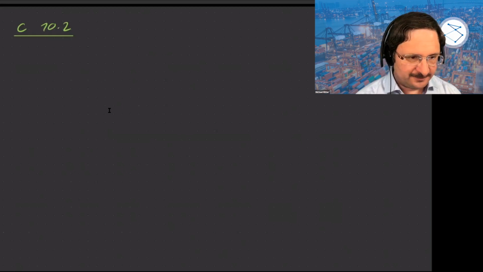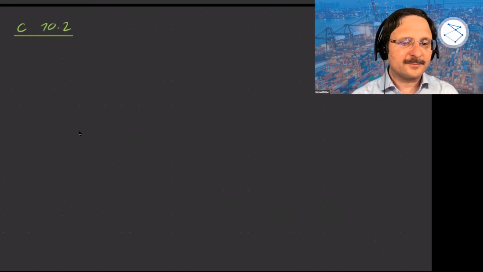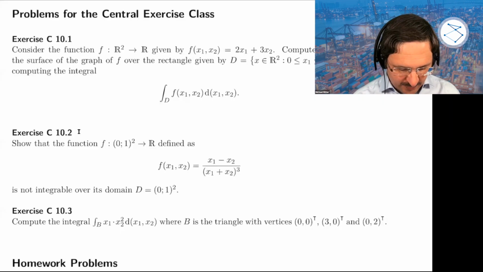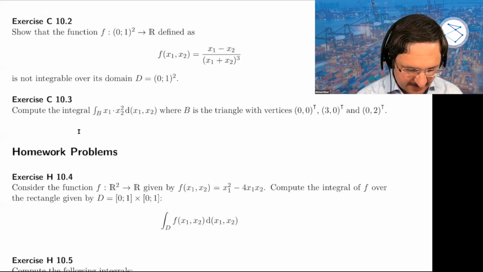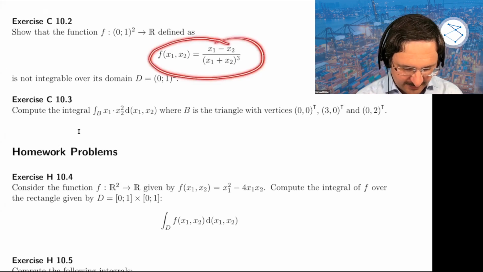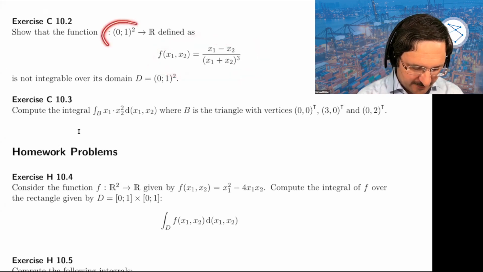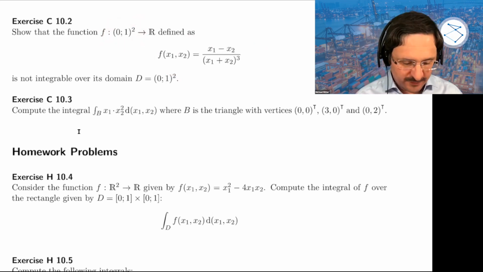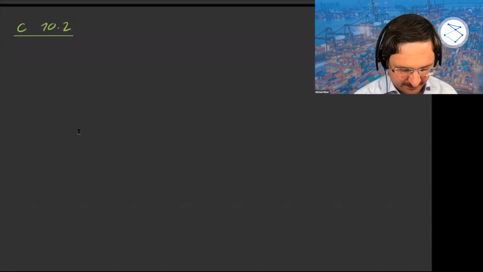C10-2. So in C10-2, we have a function, this function here, defined on the open interval from 0 to 1. And the task here is to show that this function cannot be integrated over that domain here.